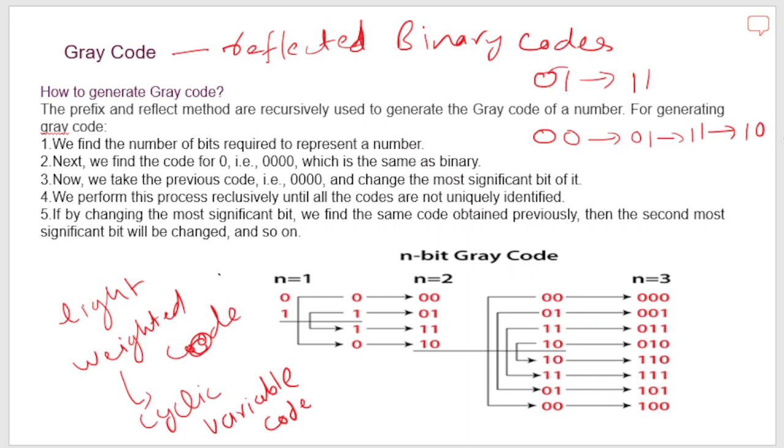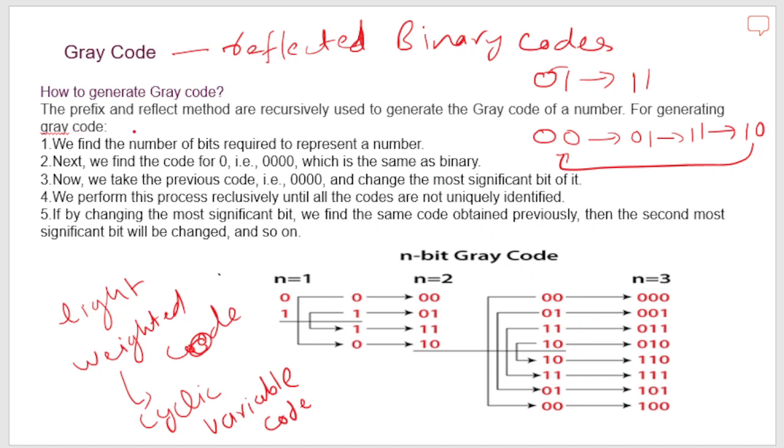So if I want to change another, then it will come to 0 0, because only one digit can be changed. So this kind of cyclic thing is done. That's why it is called cyclic variable code. Got it? So guys, we will see how to generate the gray code.